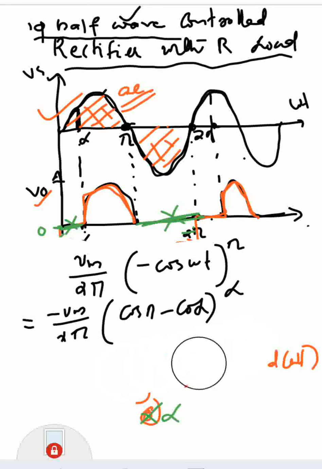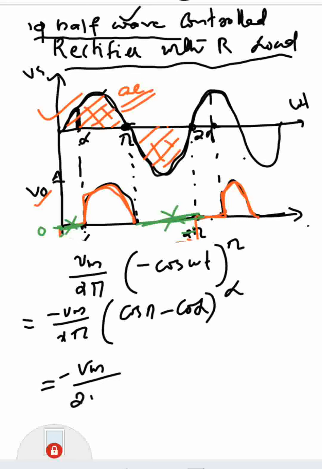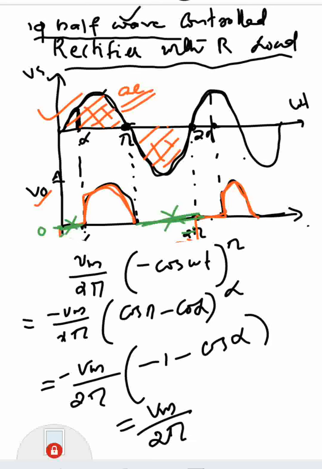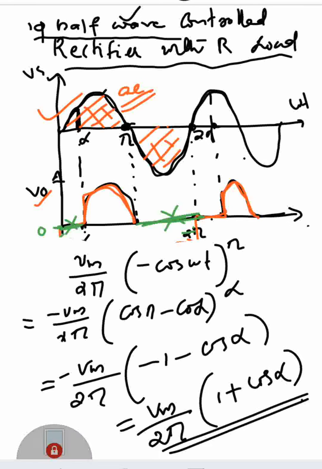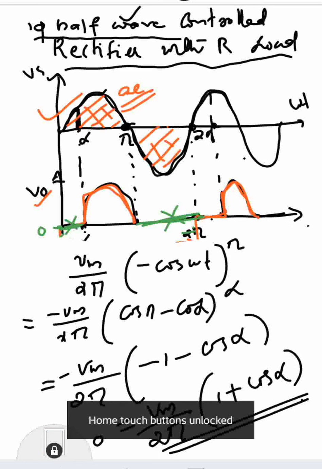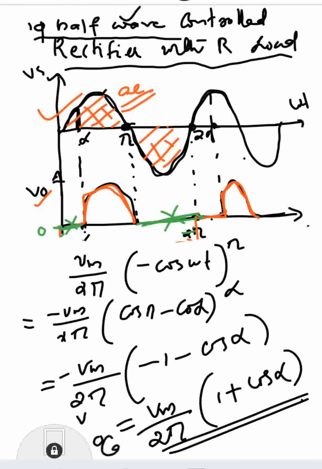What is cos pi? Cos pi is minus 1. So minus Vm by 2 pi times (minus 1 minus cos alpha). You will get Vm divided by 2 pi times (1 plus cos alpha). So this is the expression for the average value of output voltage: V0 average equals Vm by 2 pi (1 plus cos alpha).